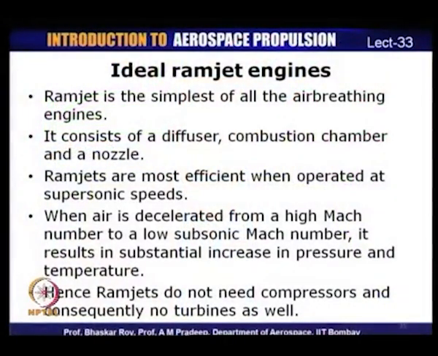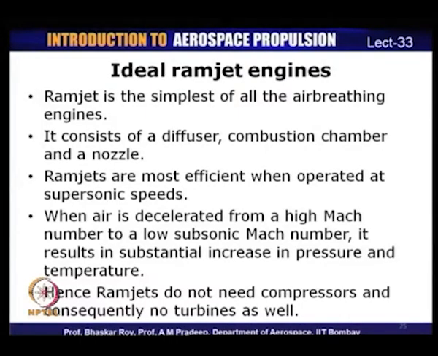Ramjet, as I mentioned, is one of the simplest forms of air breathing engines. It consists of a diffuser, combustion chamber and a nozzle only. There are no compressors or turbines, and obviously ramjets are most efficient when they are operated at supersonic speeds.